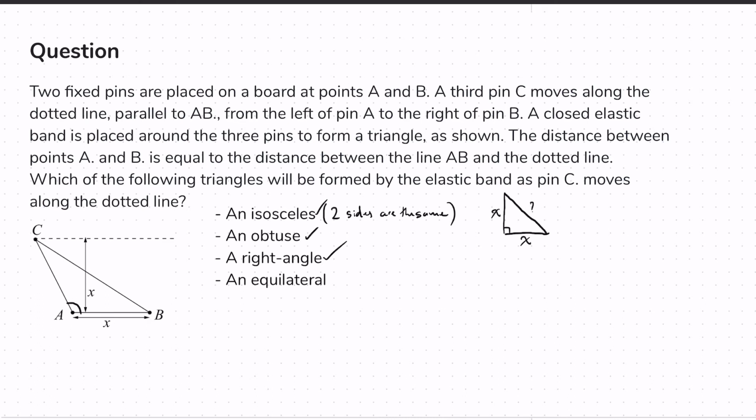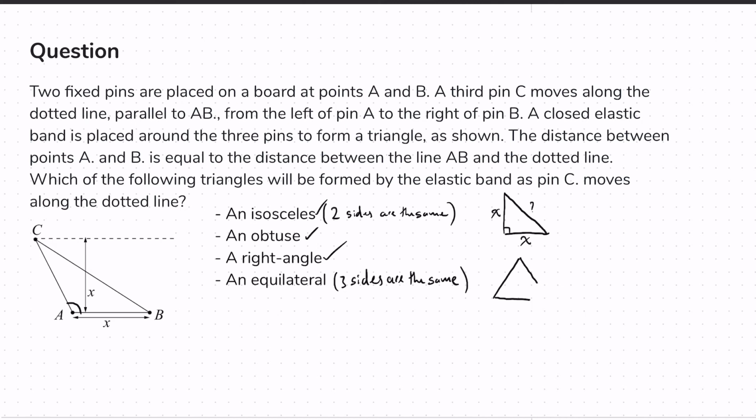Now, an equilateral triangle, that's where the three sides are the same. And so let's begin with our example where two sides are the same. Right, so we already know one side, which is X. So this is what the equilateral triangle should look like, or something like this.